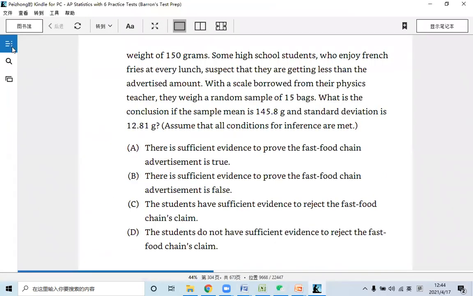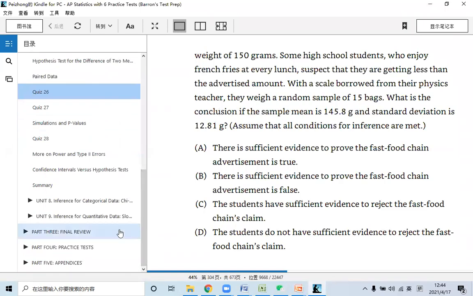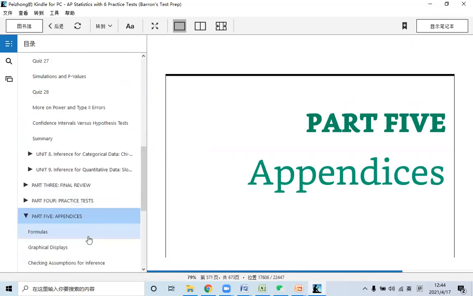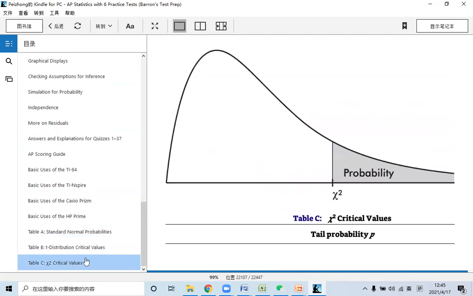In the test, you are going to be given a chi-square table. These are chi-square critical values. You're interested in this tail, the probability. You want the chi-square to be large.